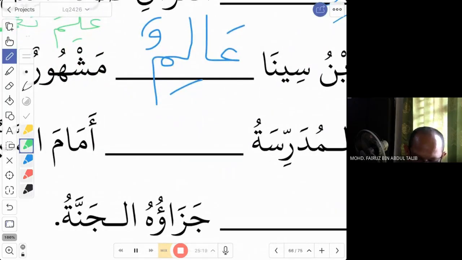We have the fi'il waqafa. Remember waqafa? Waqafa means to stand or to stop. Waqafa yaqifu. The mudhari is yaqifu. Take this word and change it to isim fa'il. What is the isim fa'il for waqafa?